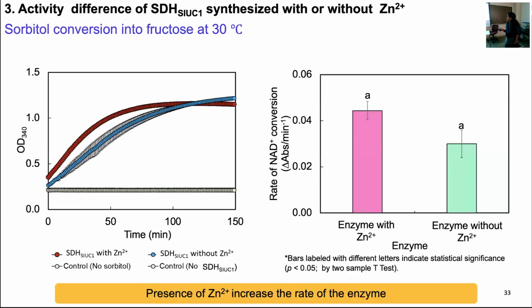As we observed, both enzymes were converting sorbitol at 30 Celsius. We could see that there was an increment in the rate of conversion for the enzyme synthesized with added zinc. So that means, as we talked about earlier, the presence of zinc 2+ can increase the rate of this reaction.